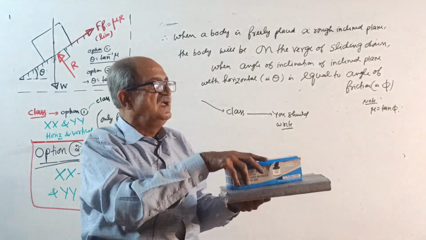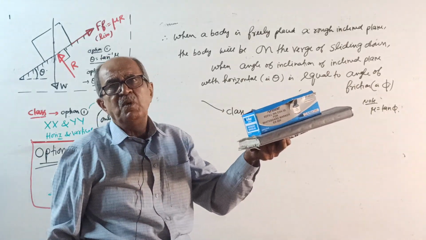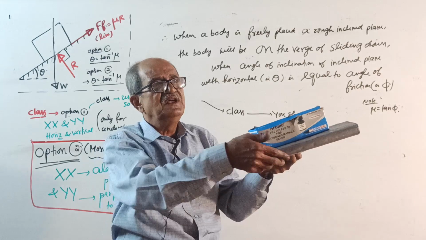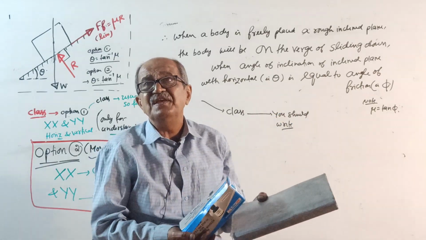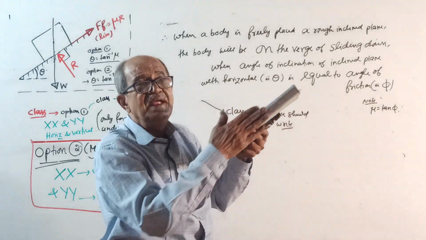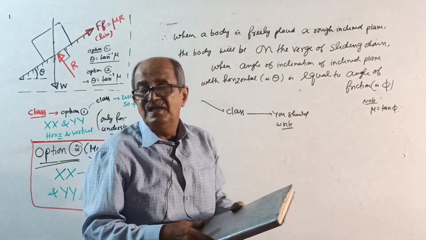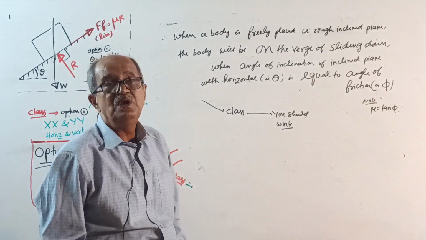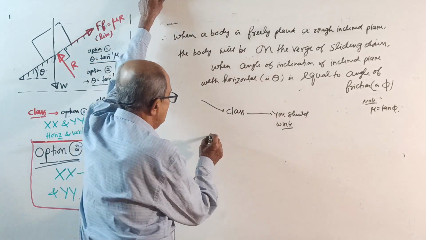Then if the angle is less than 21.6, the body will be in stable equilibrium condition, it will not slide. When the angle reaches 21.6 degrees, that is when the angle of inclination of an inclined plane reaches the angle of friction, the body is on the verge of sliding down.